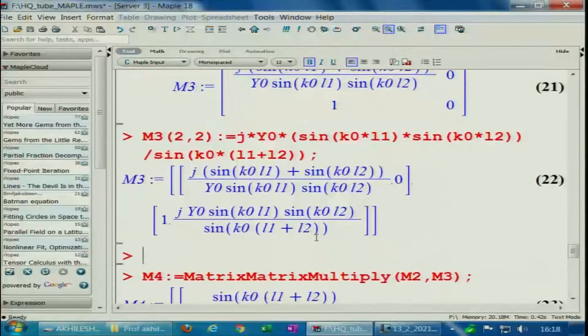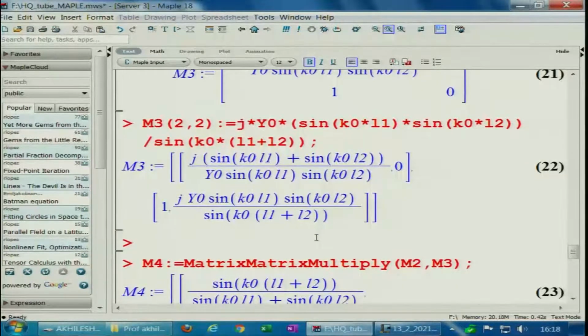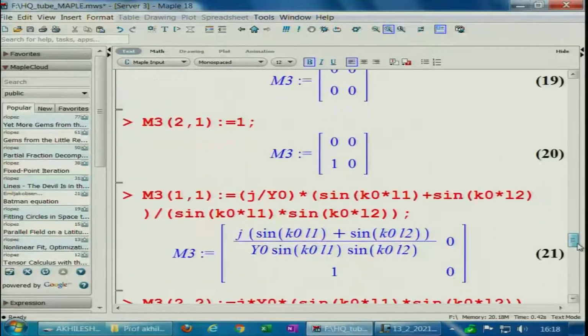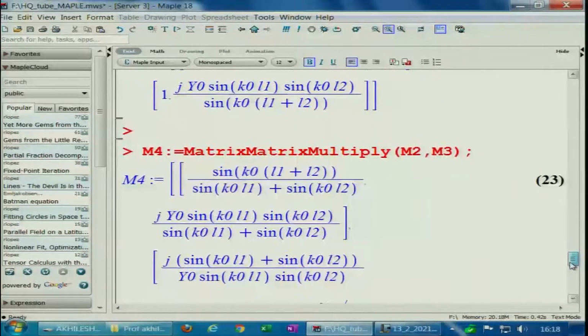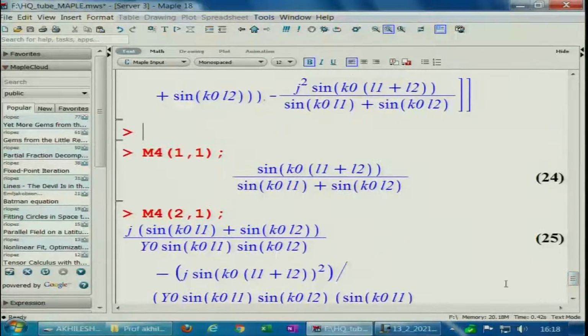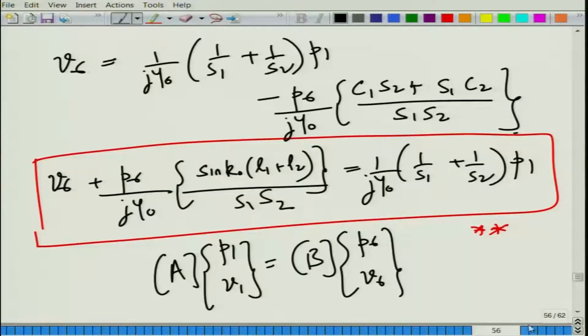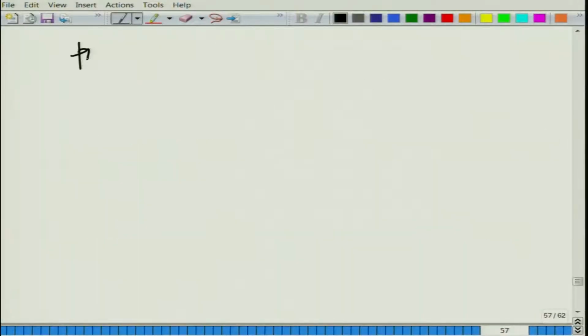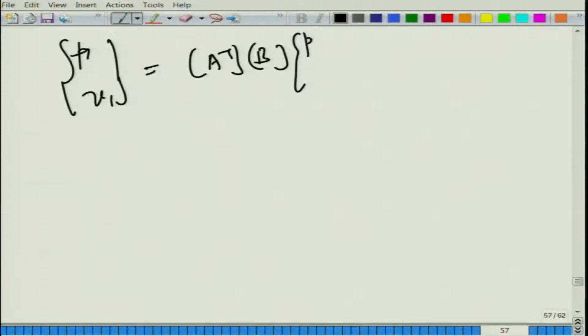So, we keep doing all this algebra, and then there is a command matrix multiply in Maple. So, we get this to finally get this TDS kind of looking expression. So, what it means is, let me just go back to the presentation. So, eventually what we are successful in doing is P1 V1 is equal to some A inverse B. So, that is your P6 V6.